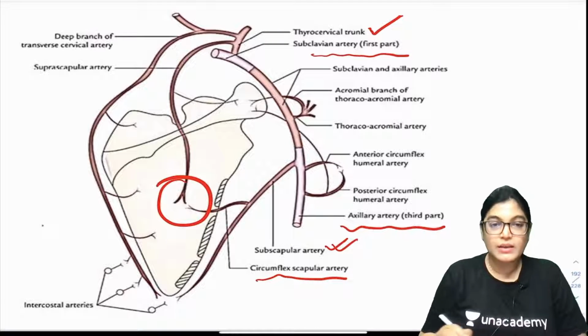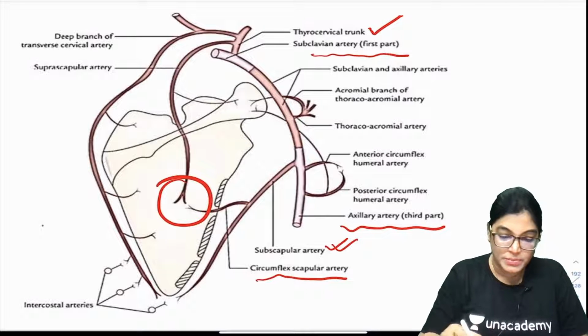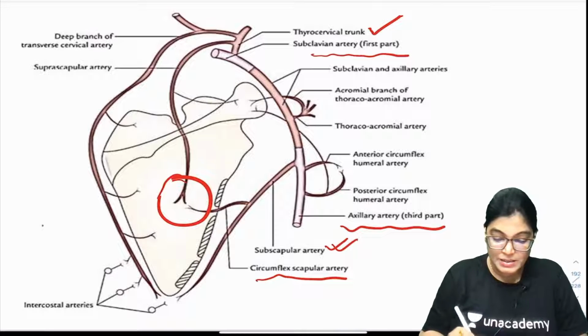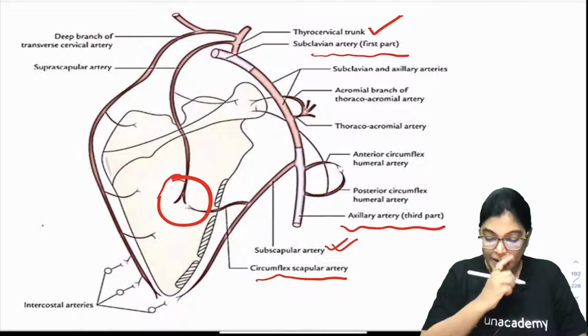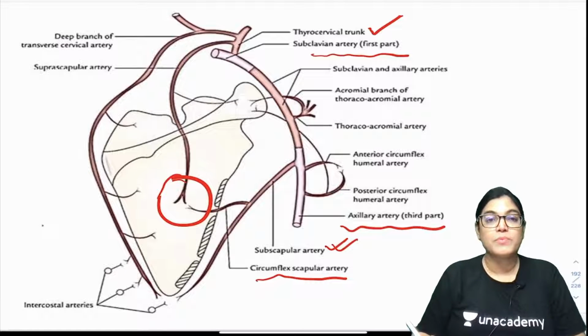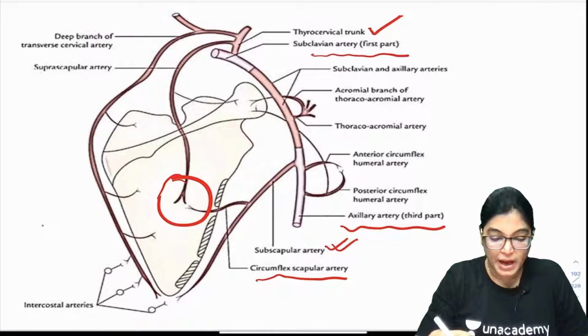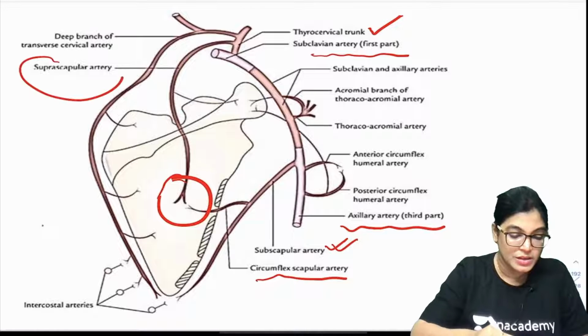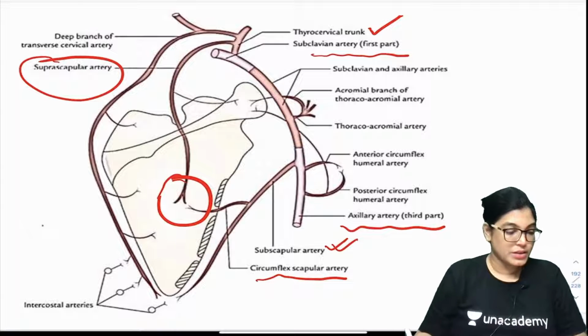So see here, the anastomosis is formed between a branch of subscapular artery, that is third part of axillary artery, and the first part of subclavian artery, that is a branch from thyrocervical trunk, and the name of that artery is suprascapular artery.